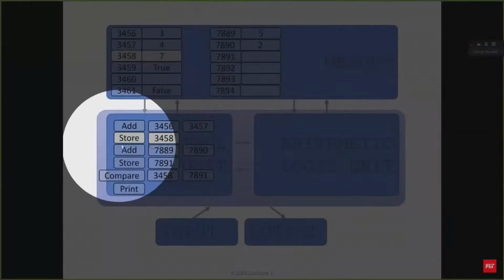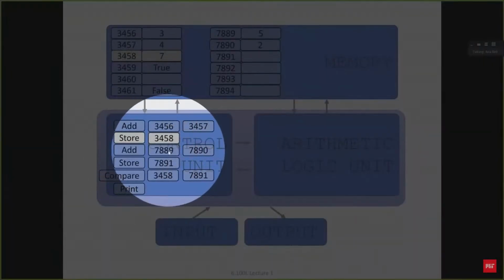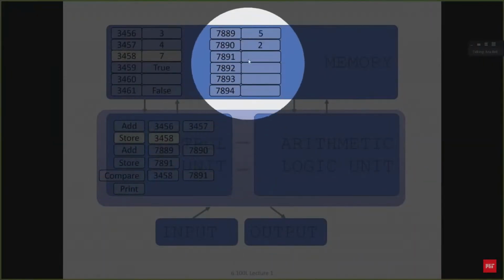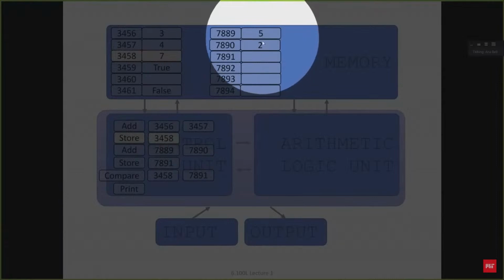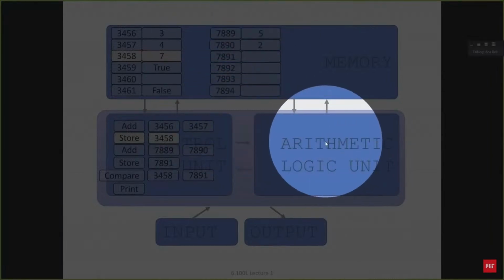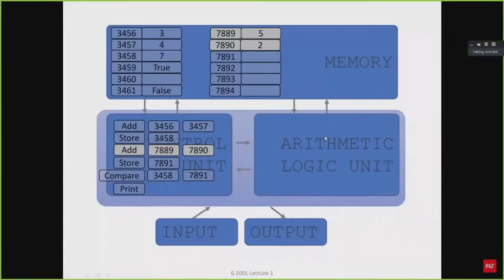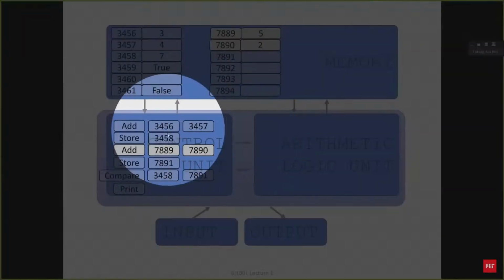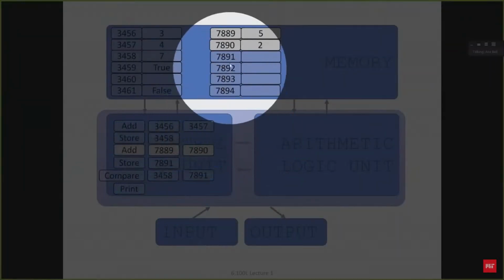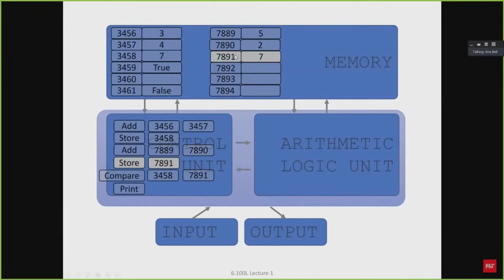We do that again. We add the values at 7889 and 7890. So it goes to memory, grabs the 5 and the 2, sends them to the ALU. The ALU calculates 7, brings it back, and then we store that in location 7891. Okay. After that, all we've done is two additions.